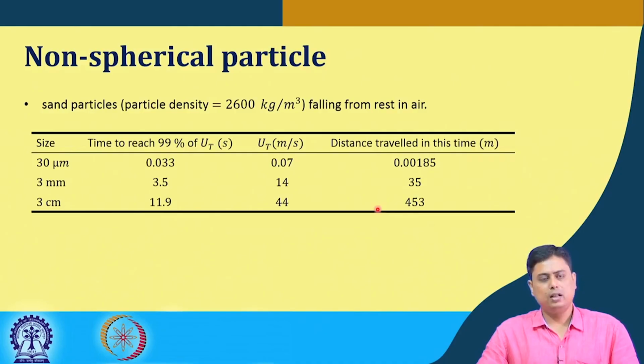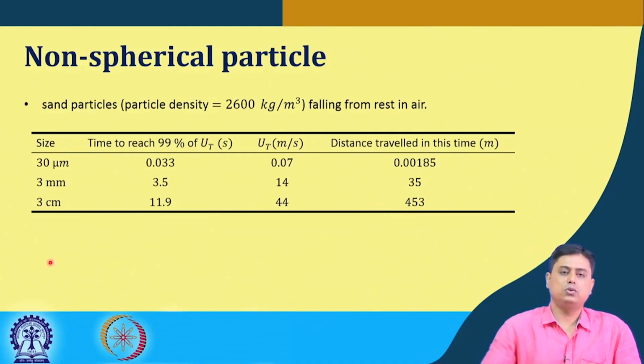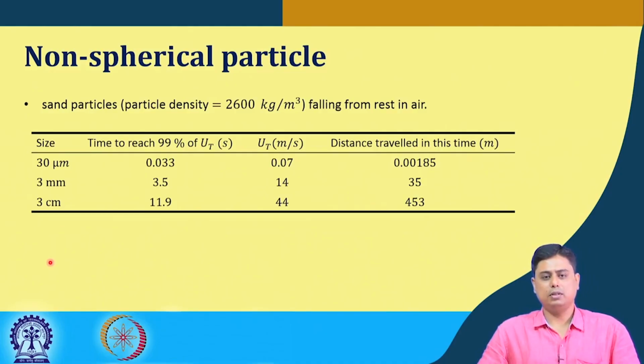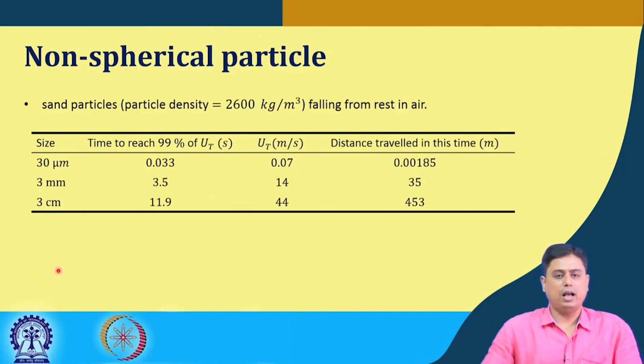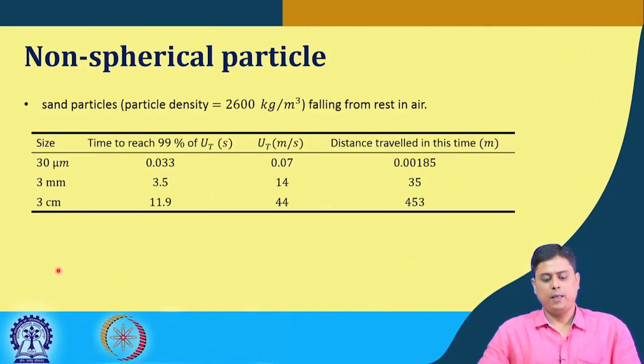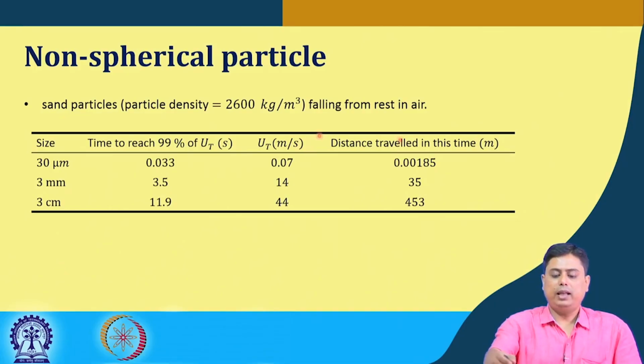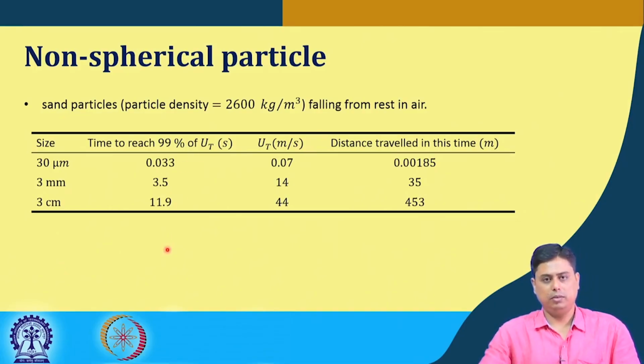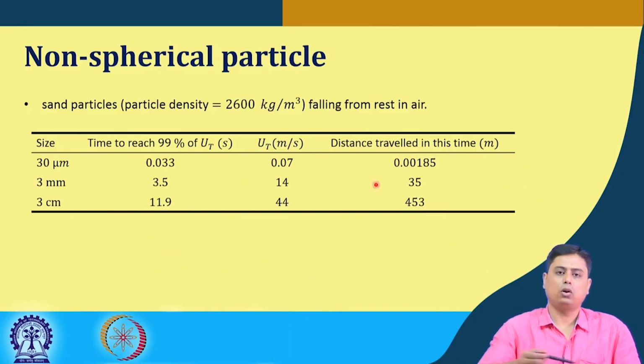So you can understand, as the particle size goes bigger and bigger, the Stokes' law region ceases to exist, in particular in a lab scale experiment, because this is going to be a very high Reynolds number. The time it takes becomes considerably high, and by that time it travels a lot of distance.